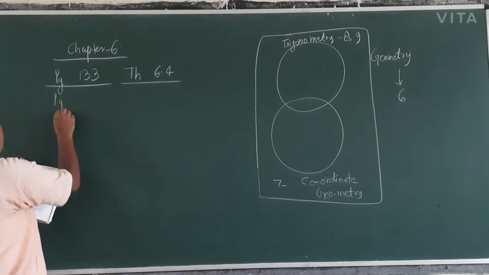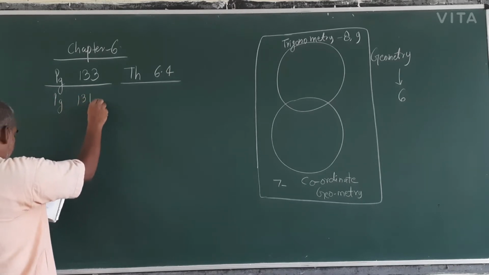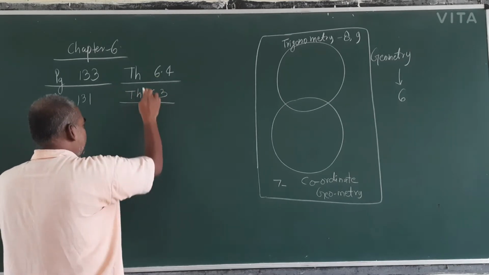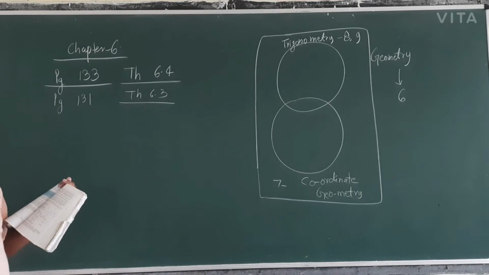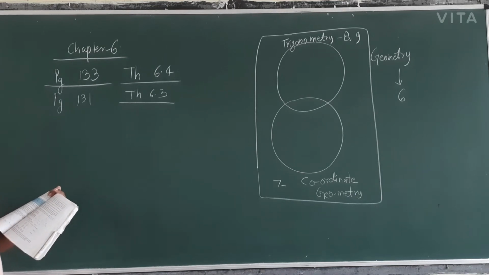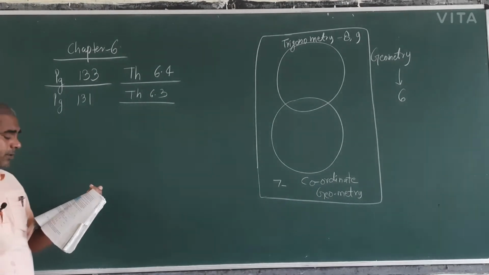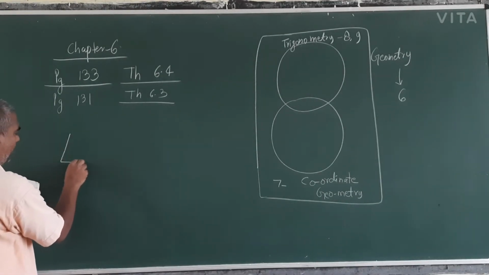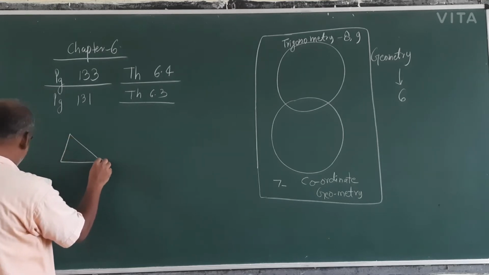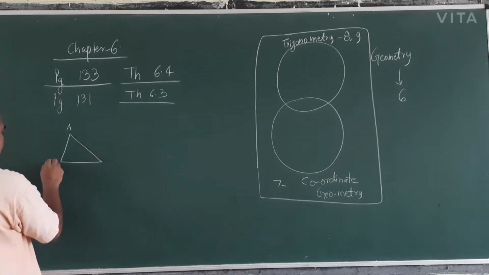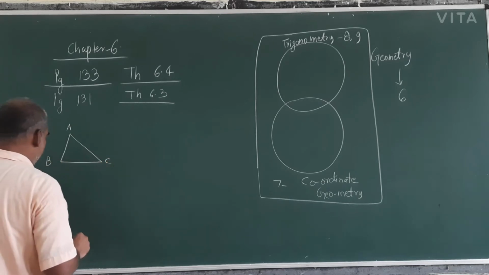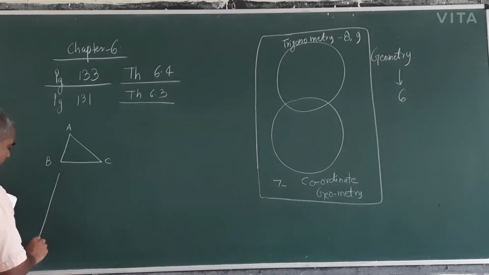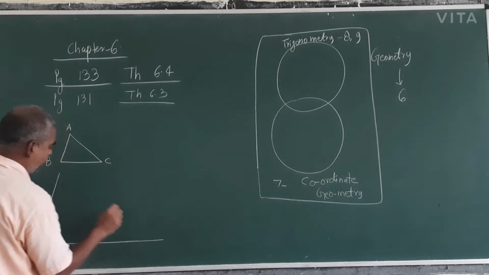Page number 131, Theorem 6.3. These are mutually related. In 6.3, if in two triangles, and the figure is made like this, one we have a small little triangle, that is A, B and C, and another one, just of the same type but somewhat of bigger size.